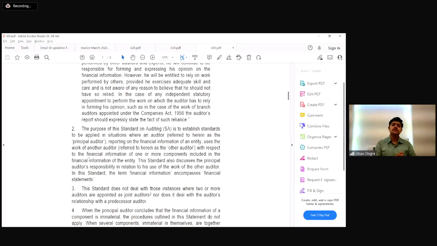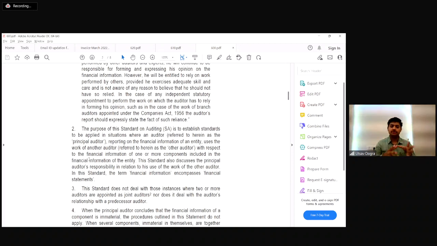The principal auditor cannot audit all the components of a particular organization. He cannot visit every branch, let's say for geographical reasons, or for the extent of work. For banks, it is not possible for the principal auditor to audit all the branches, since there are 1,000 branches in place.